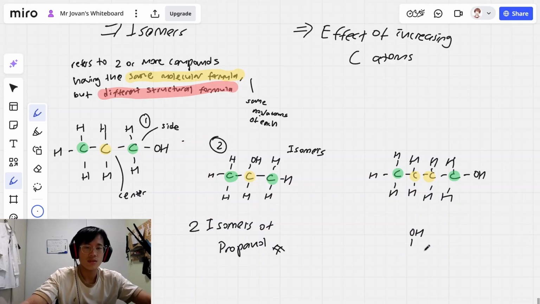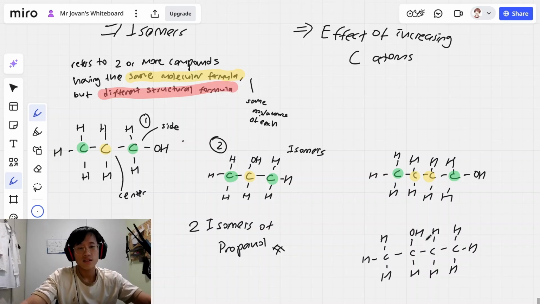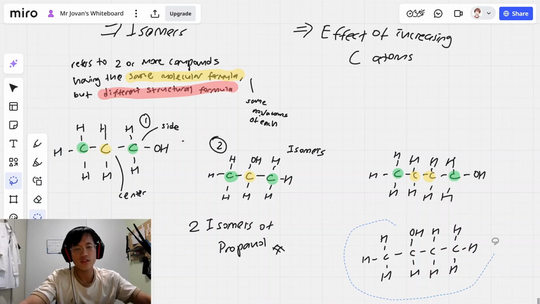Okay, let me give you an example. Let's say the OH is attached to one of the middle carbons. Is this attached here the same as it being attached here to this carbon? Yes, it's the same. Why? Let me just do a flip real quick like this.